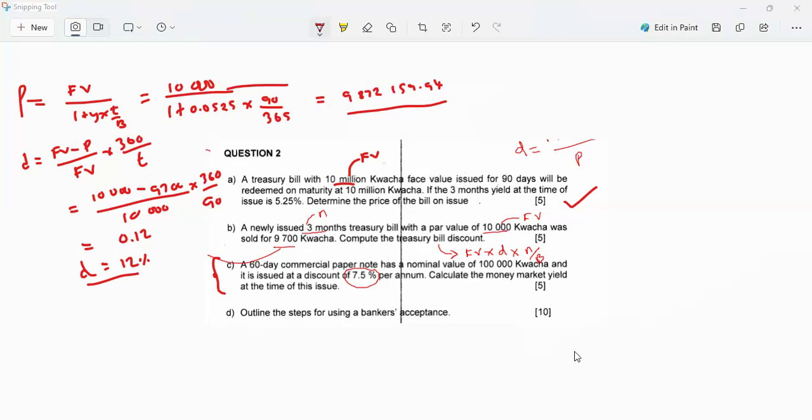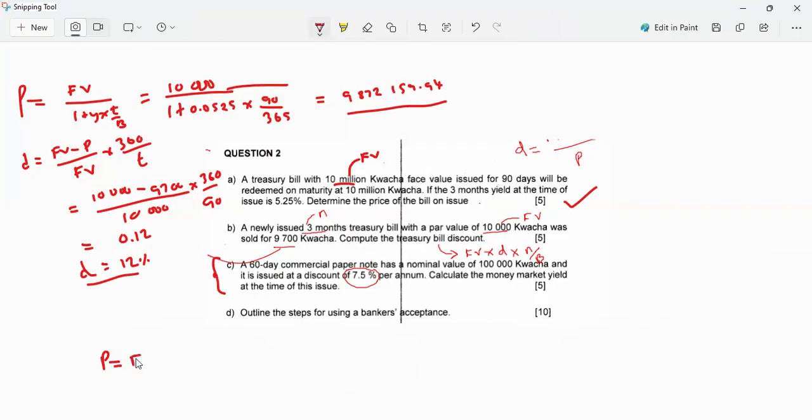Money market yield. I explained the money market yield. There's a video specifically for money market yield. So how do we find the money market yield? We know commercial paper is usually issued at a discount, so the issue price of a commercial paper is given by what?